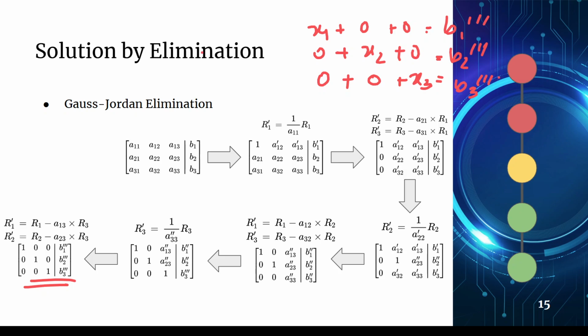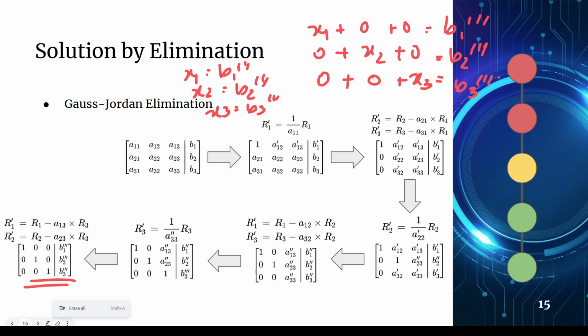From this I can say that x1 equals b1 triple prime, x2 equals b2 triple prime, and x3 equals b3 triple prime. So actually I got the answer. In Gauss-Jordan elimination I do not need to go for backward substitution. This step is enough, so there's no separate forward elimination and backward substitution. I just got the answer.